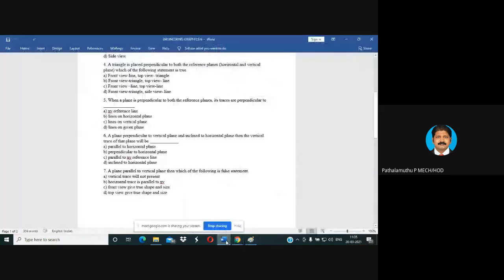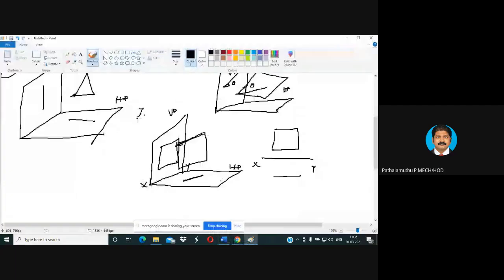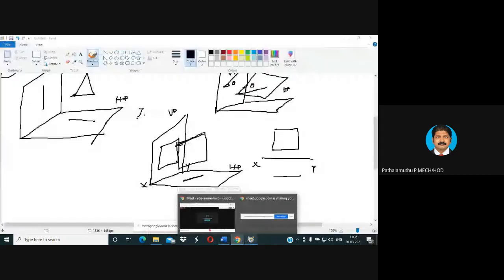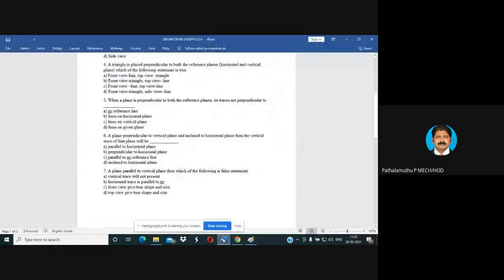Top view gives the true shape and size. Top view gives the true shape and size is the wrong answer. So option D is the correct answer for question number 7.